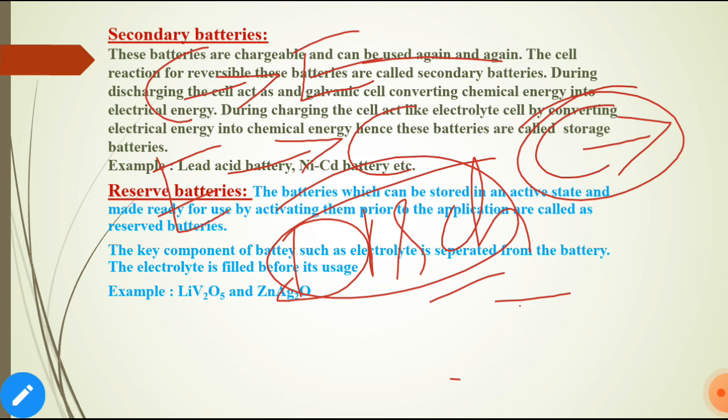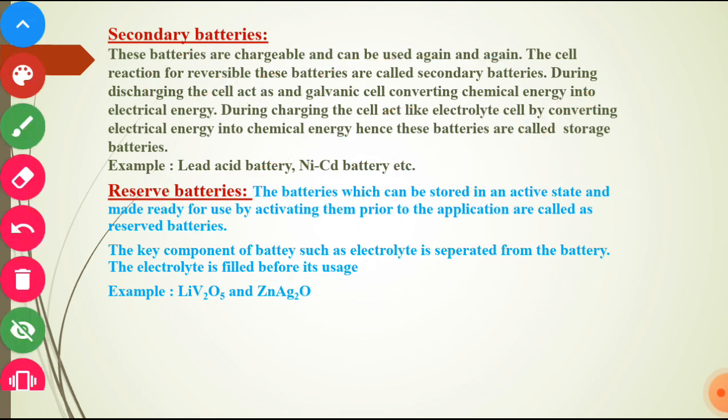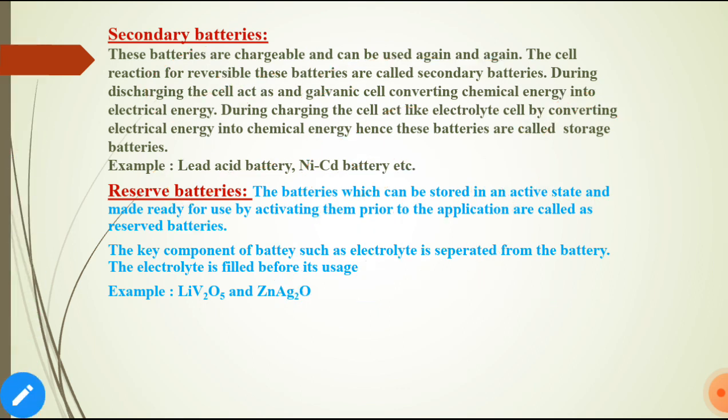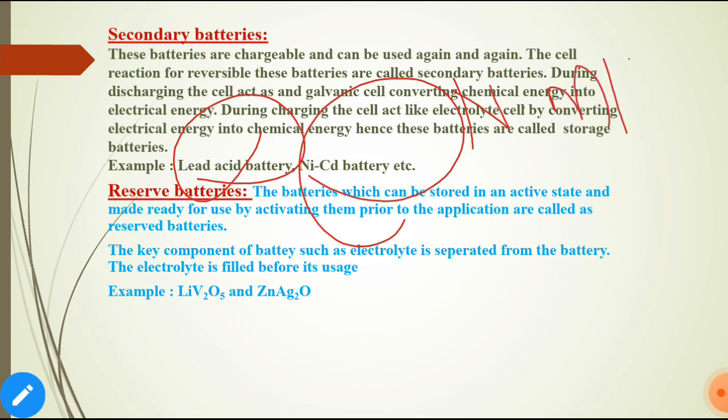So these batteries act as both a galvanic cell and an electrolytic cell. Examples of secondary batteries are the lead acid battery, nickel cadmium, nickel metal hydride and lithium batteries.